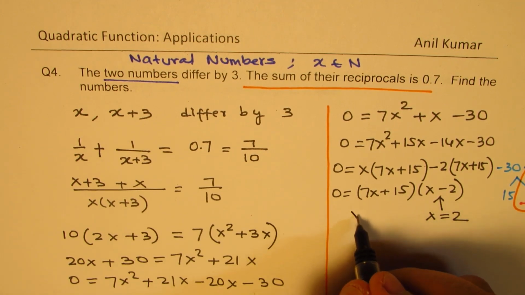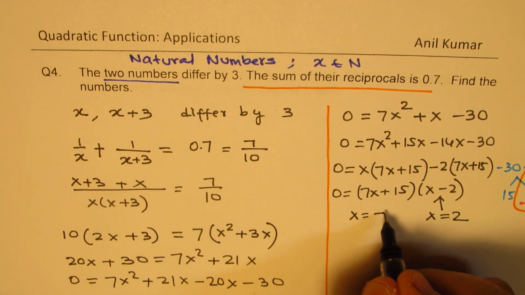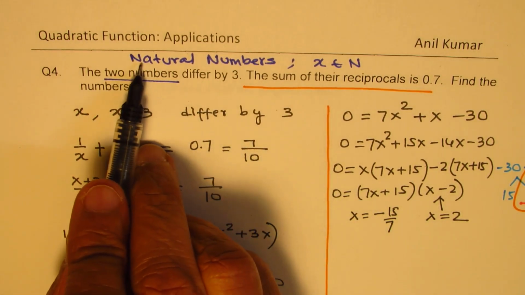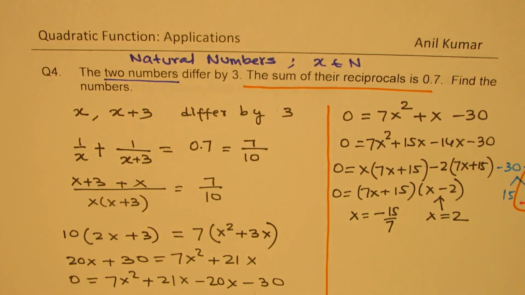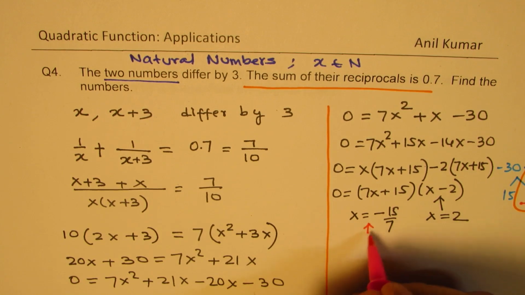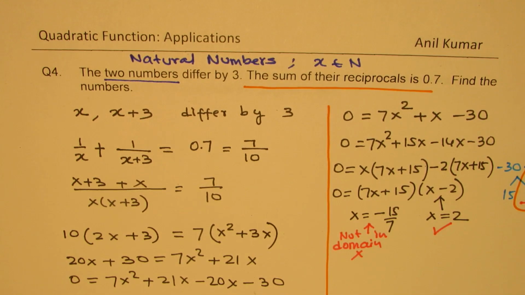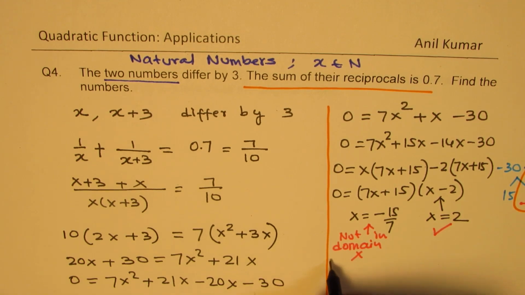The other gives you x equals a negative number, minus 15 over 7. Since we are restricted to natural numbers, we are saying not a natural number, right? So not in domain. So we'll not take this, but we are going to take the other one. Perfect. And therefore, the two numbers will be what?